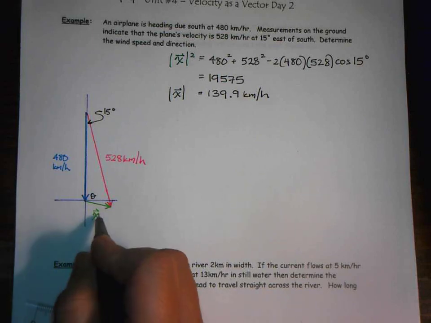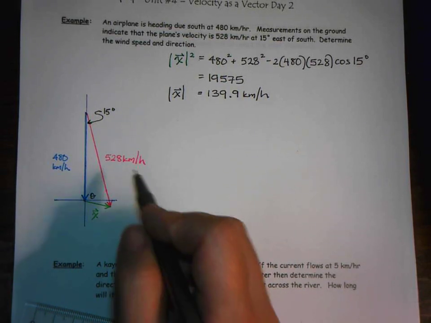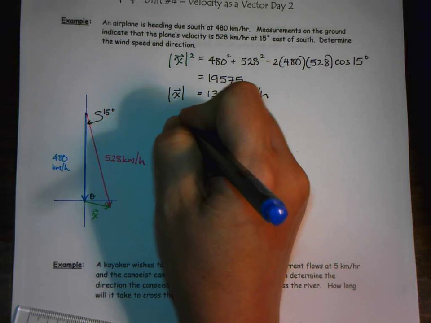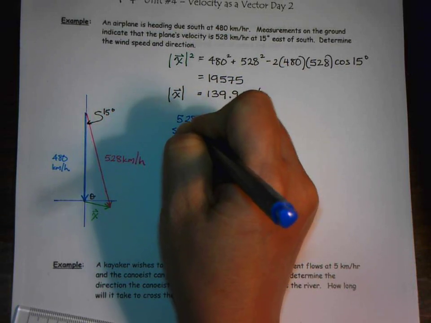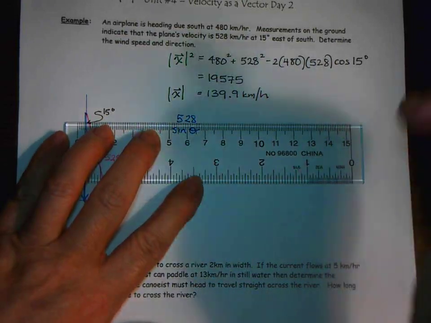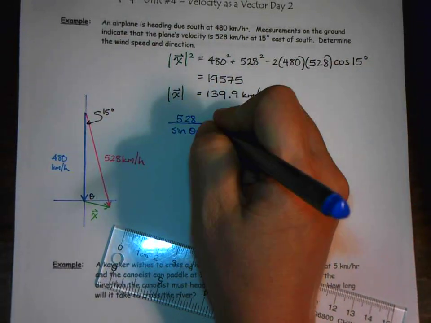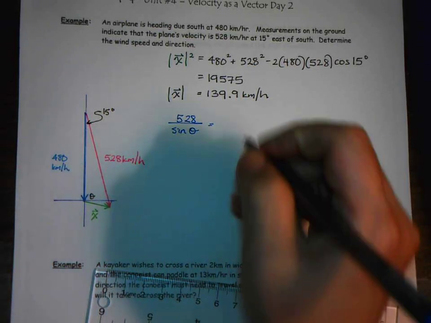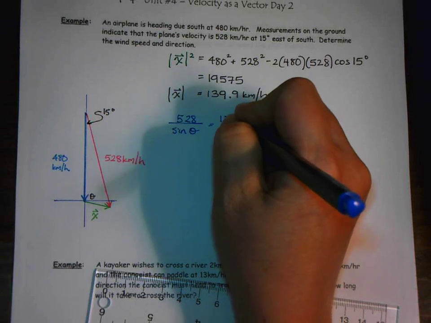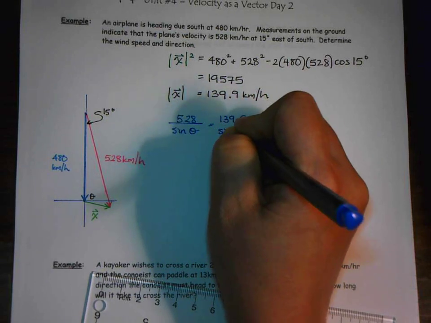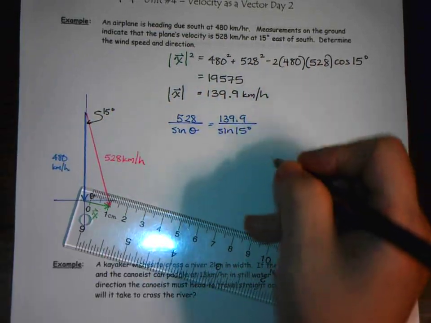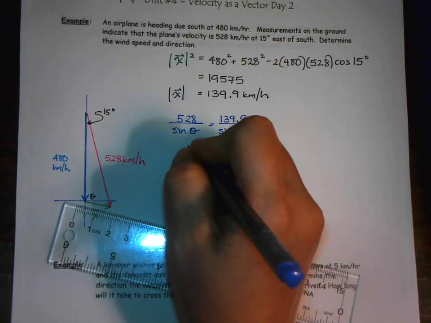Using the sine law, 528 over the sine of theta is equal to 139.9 over the sine of 15 degrees. Again, I'm going to work out the math, cross multiply, and I get angle theta is equal to 77.6 degrees.